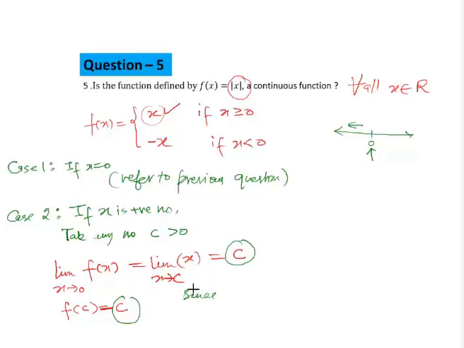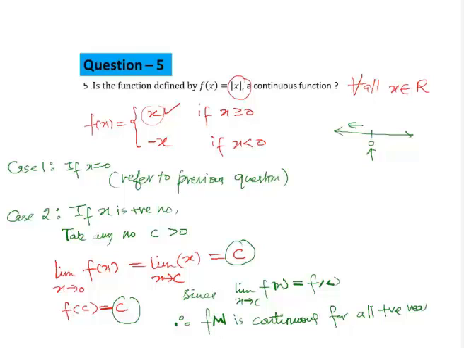Since the limit of the function when x is approaching towards c is equal to f of c, therefore we can say this function f of x is continuous for all positive real numbers.